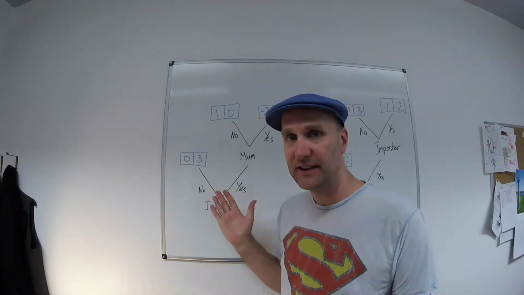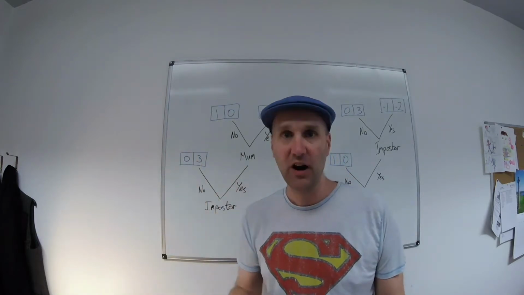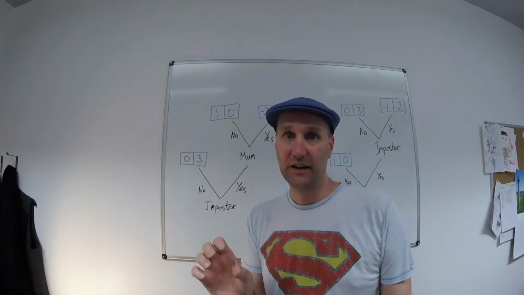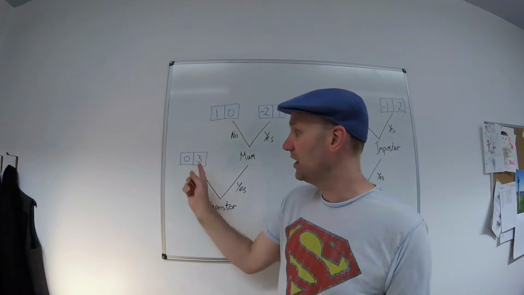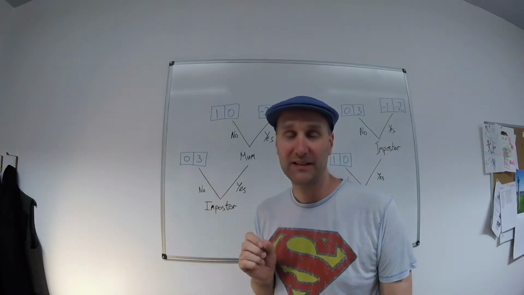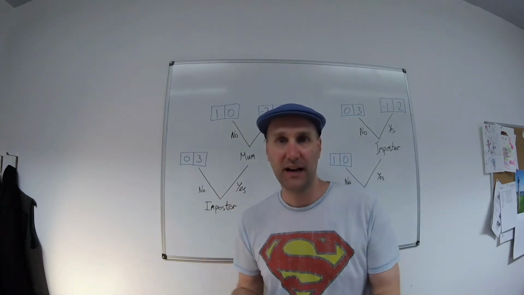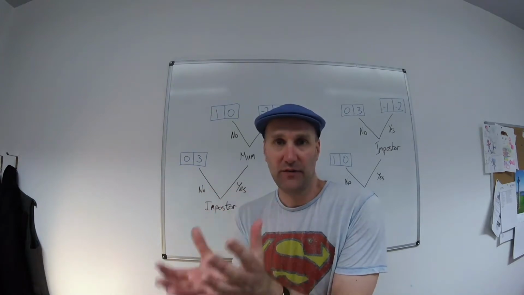So what we have in this analysis is a list of all the possible outcomes in the scenario, and we have assigned a value for the real mother and a value for the imposter mother, and those are listed here in blue. The value for the real mum is on the right, the value for the imposter mum is on the left. And we have assigned a value to the life of the baby.